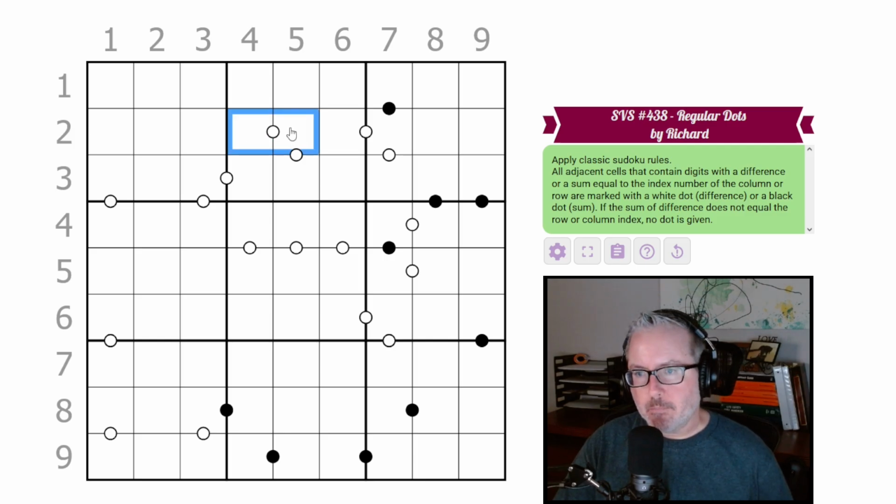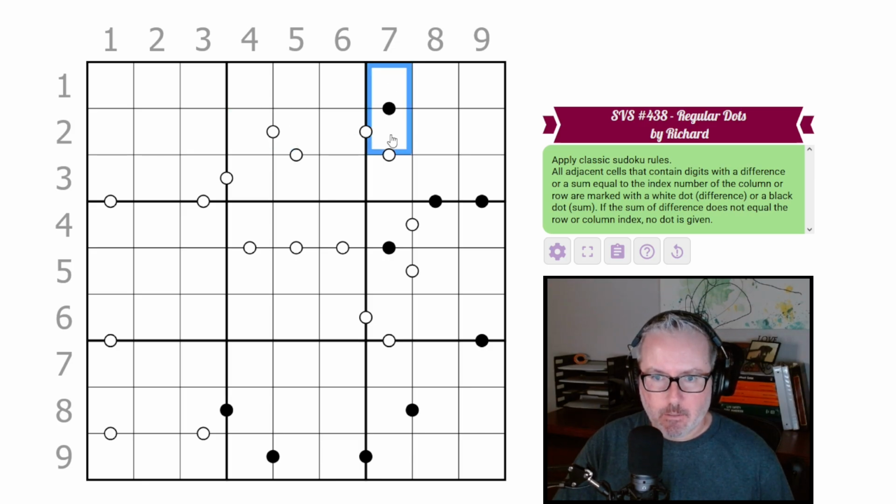So these two will have a difference of 2. So 4 and 6 could work here. And I think it's an absolute difference. It's not like it's 2 or greater. It is 2. So it would be 4, 6, 5, 7, 1, 3, something like that.